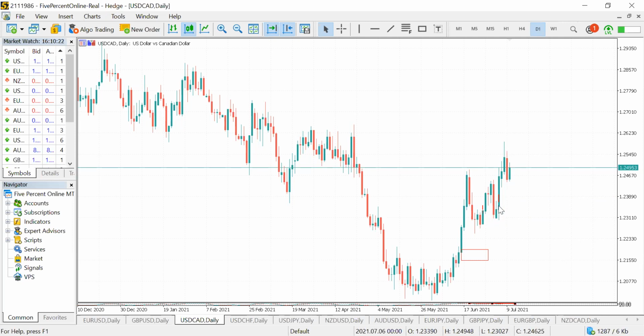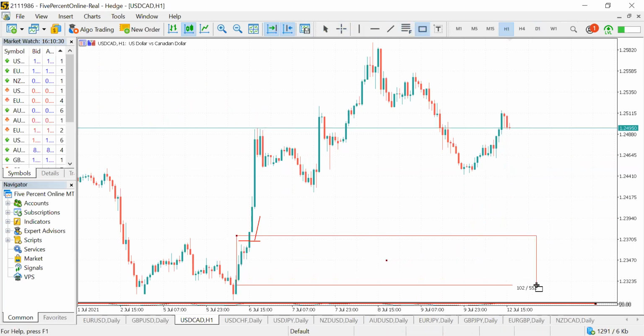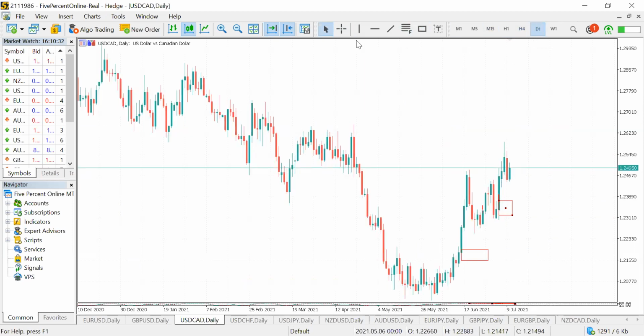My bias in this case is still to the upside. Let's find out if there's some demand here. So let's go to the hourlies, and you can see it there. Any push to the lower side, we can buy here, and this rectangle is also a demand, so we can buy here and here, and as long as we stay above these levels, the divergence hasn't triggered.